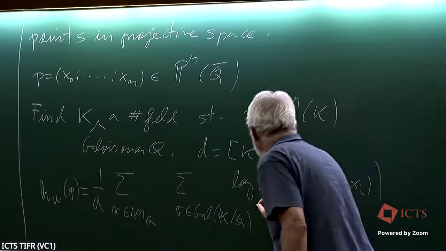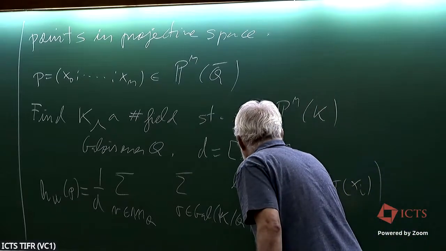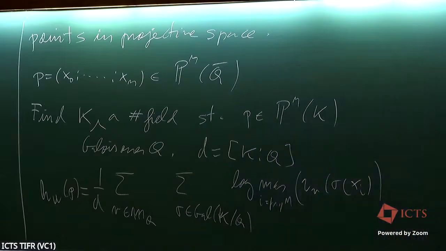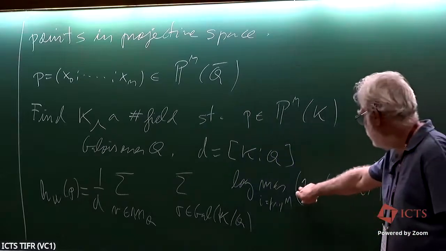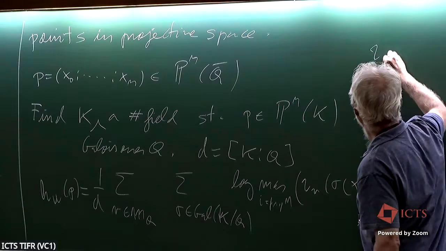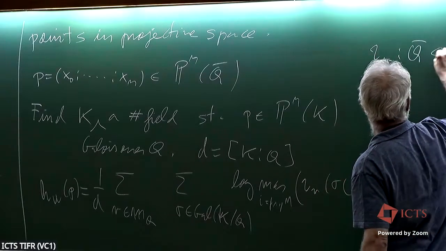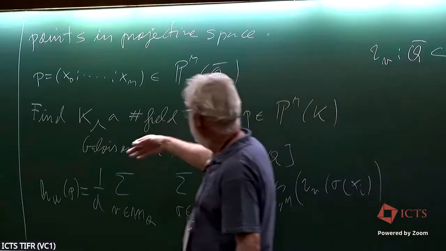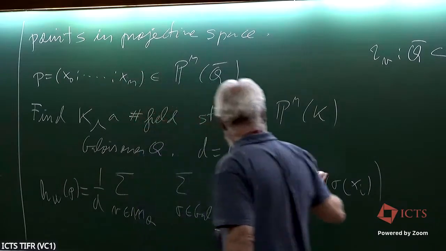the max for i equal to 1 up to n, okay? So let me see here, iota_b is just an embedding of Q bar inside C_b. I choose a particular embedding, so I know how to send any algebraic point to C_b.